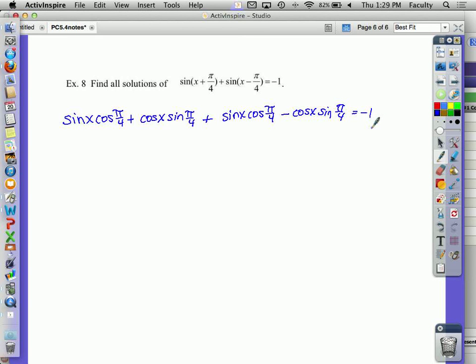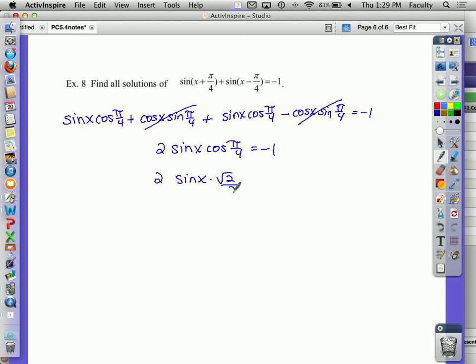Do you see how I just expanded it? Now we can do some canceling, right? My cosine x sine pi over 4 cancels, and then I have like terms. This is 2 sine x cosine pi over 4 equals negative 1. Okay, I have 2 of those. Now we know the cosine of pi over 4. What is the cosine of pi over 4?